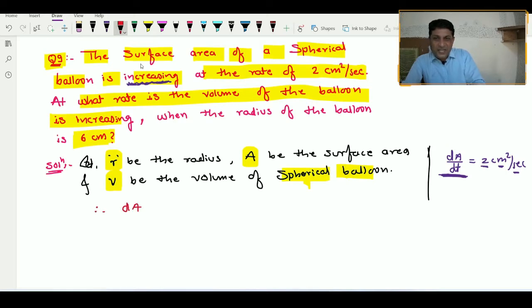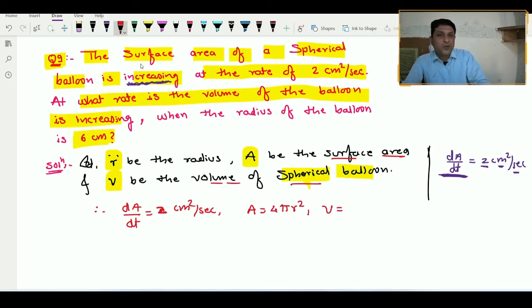Therefore dA by dt will be equal to 2, since the area is increasing at the rate 2 centimeter square per second. A is the surface area of the spherical balloon, and we know its value is 4 pi r square, and V is the volume, and we know that the volume of a spherical balloon is 4 by 3 pi r cube.